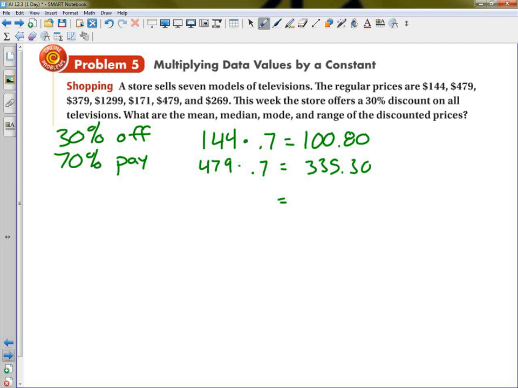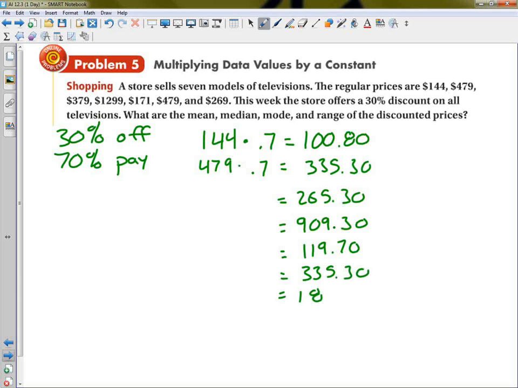The new price is 265.30. The $12.99 one is going to be $9.09, 30 cents. And 171 is going to be $119.70. The last two, 479 and 269, give me 335.30 and 188.30.